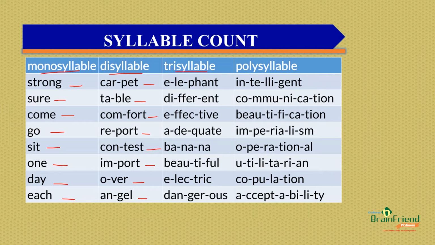For words of 3 syllables, we have elephant, different, effective, adequate, banana, beautiful, electric, and dangerous. Lastly, for words of 4 or more syllables, we have intelligent, communication, beautification, imperialism, operational, utilitarian, copulation, and lastly, acceptability.